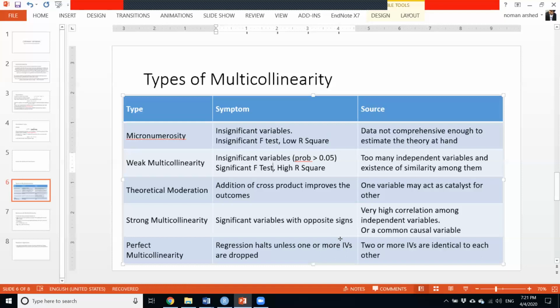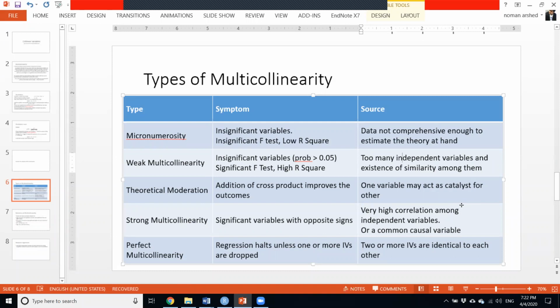The main reason or source can be that you have selected too many independent variables and some of them are similar to each other. So if there are too many variables, you will end up creating weak multicollinearity. Then there is theoretical moderation. The symptom is that if you add a cross product of two variables which were actually insignificant, the model improves, meaning they become significant.